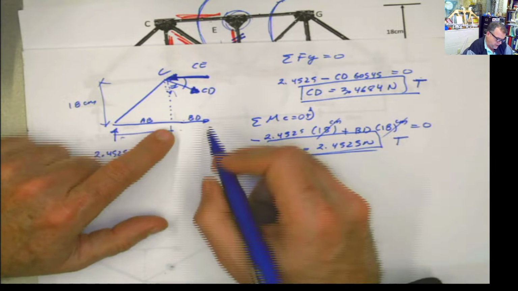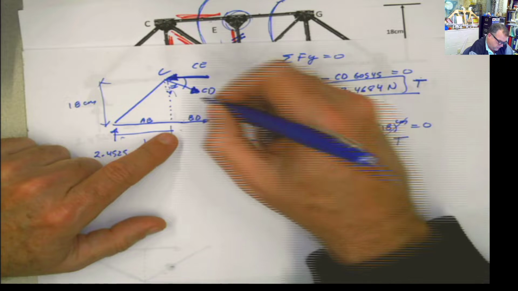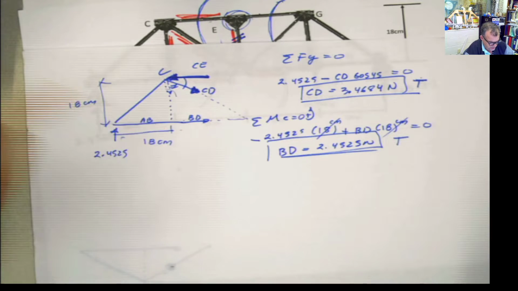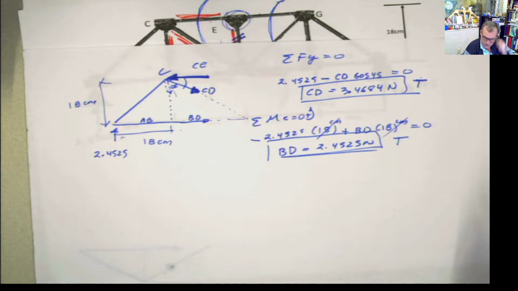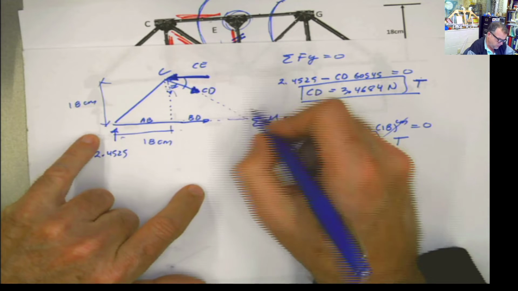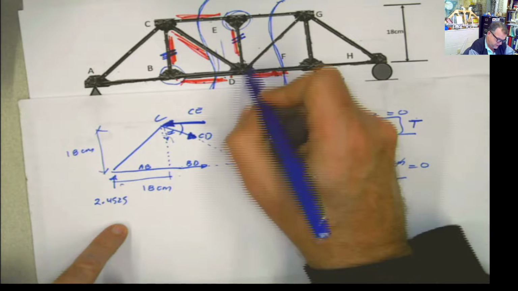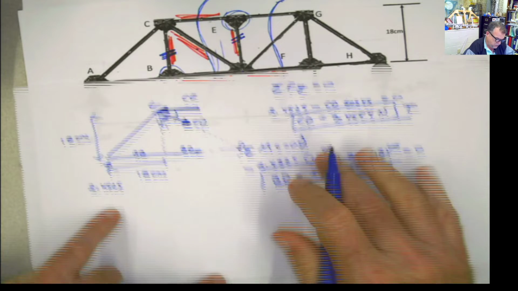I need the bar CE. Well, I like doing moments more than forces, especially if it involves fewer calculations, so I'm going to do that at D. This is the point D here. I complete this up to that point.